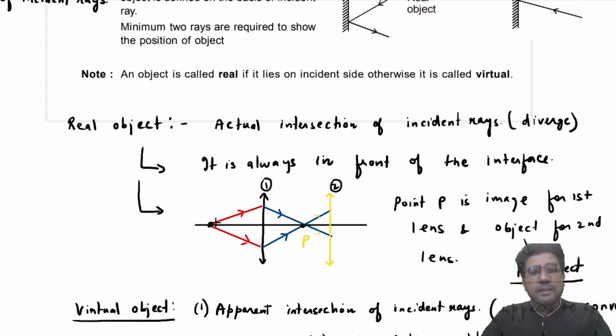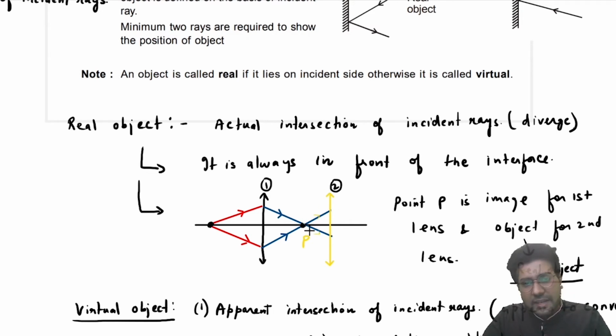From here, see, this point is the real object, and this is forming a real image. Now what is a real image, I'll discuss in the next definition, but I'm telling you now that I have drawn the real image here. Now the real image is formed here, but the light ray is still traveling, right?